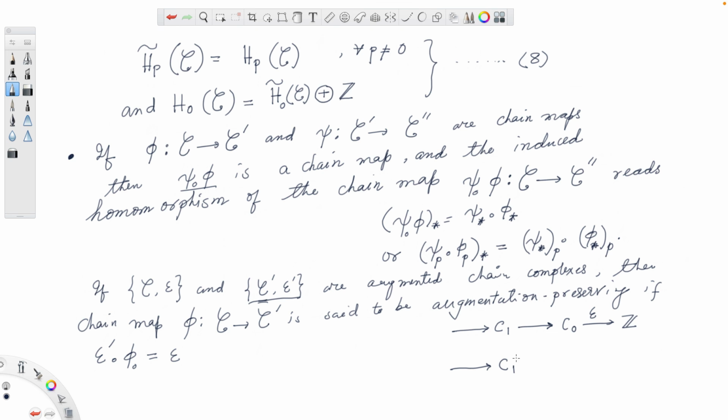This is the chain group in dimension 1, C prime 1, and this is the chain group in dimension 0, C prime 0, and then one has this augmentation map epsilon prime, which takes C prime 0 to Z. Okay, and there is a chain map, right? Phi. So this is phi 1, and this is phi 0, and we take this to be the identity map, which is nothing but phi minus 1.